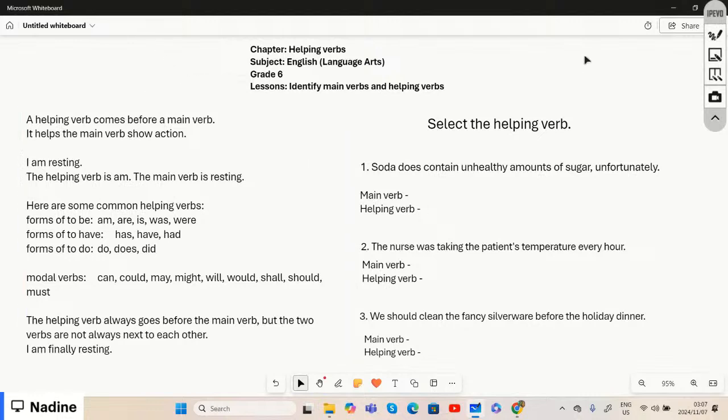All right. So before we even go on to what a helping verb is, a verb, as in the main verb, is a doing word. It's the action that something or someone is doing.